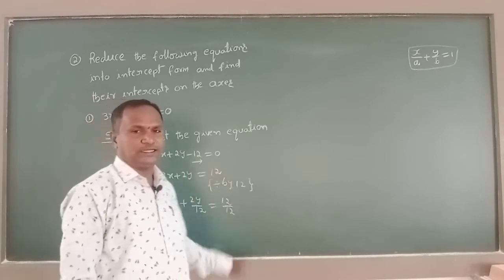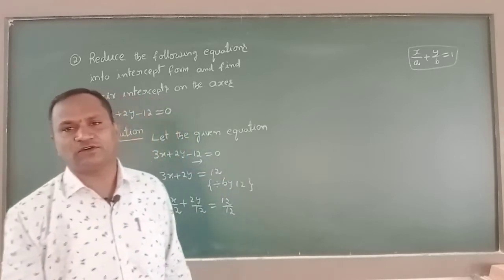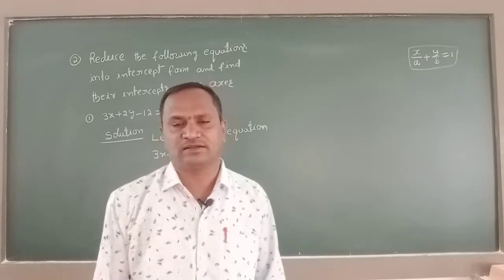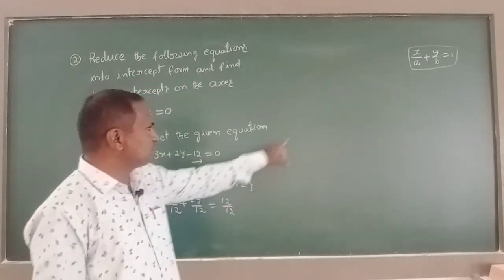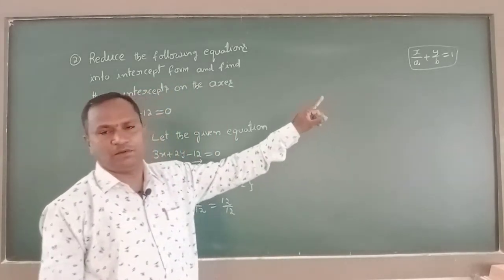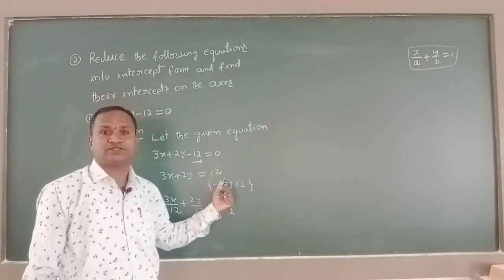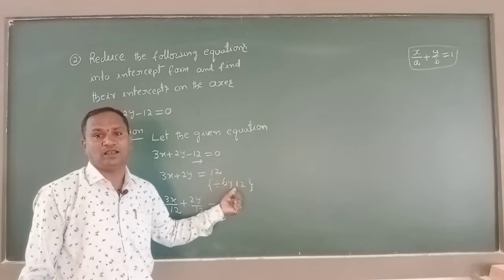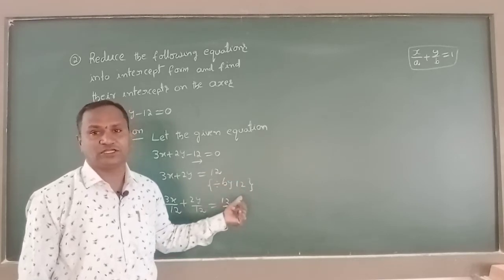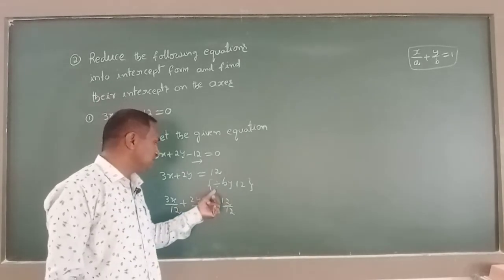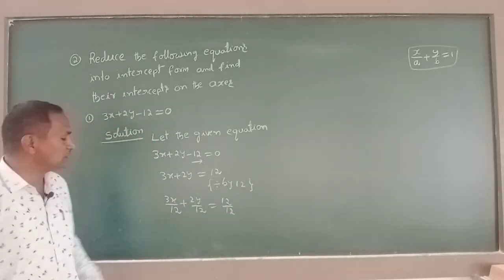If you want to get 1 in place of 12, you must divide by 12 only. To convert this into the form x by a plus y by b is equal to 1, we must divide with 12.